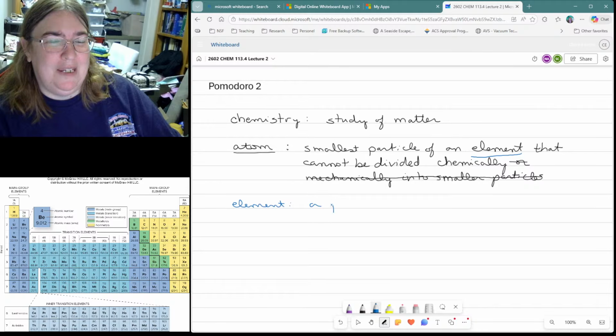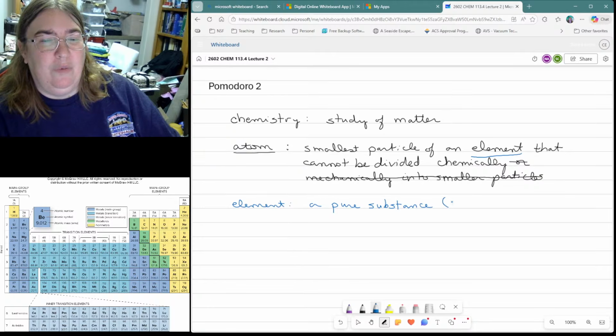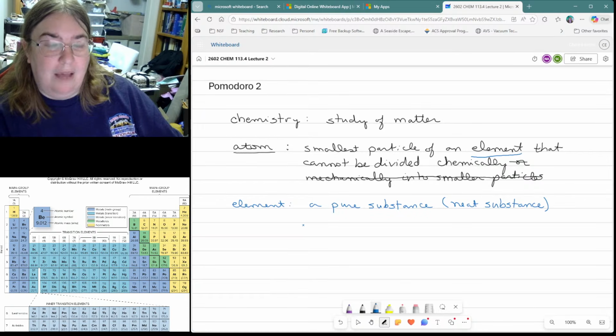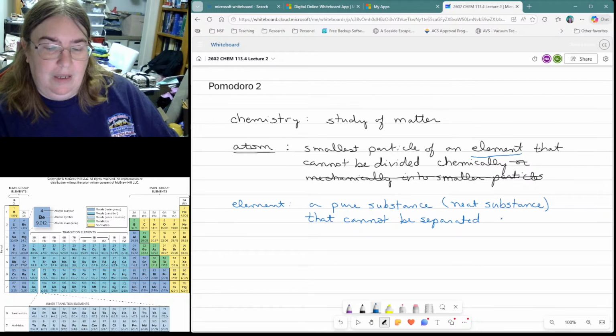A pure substance, if we're going to be technical, we really should say neat, not pure, that cannot be divided, be separated into simpler substances.